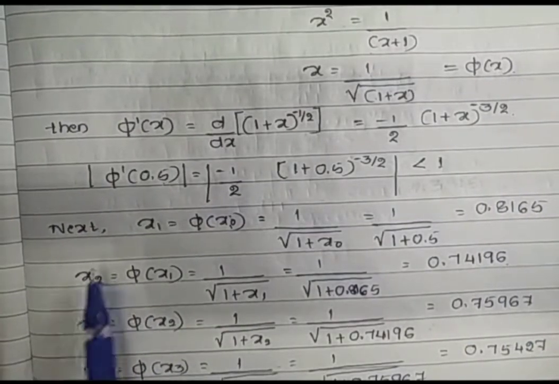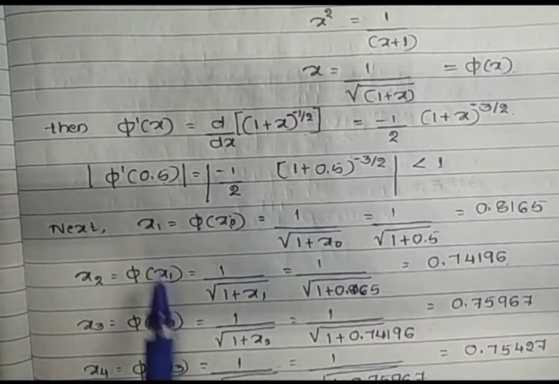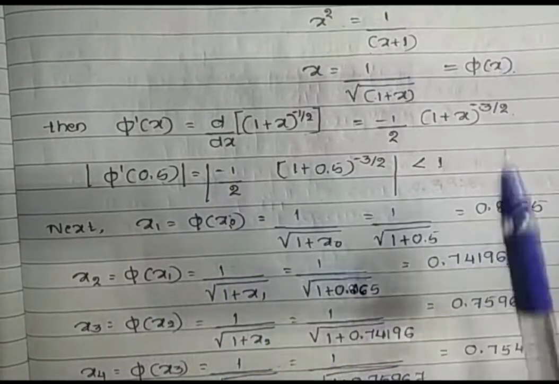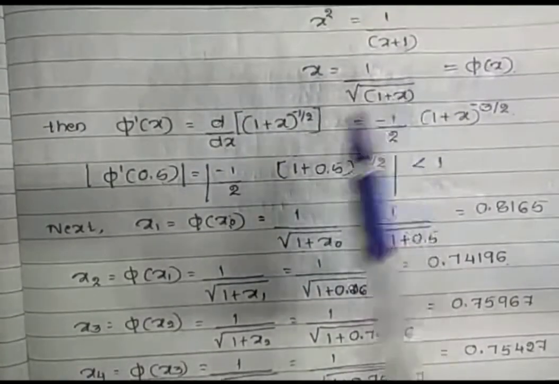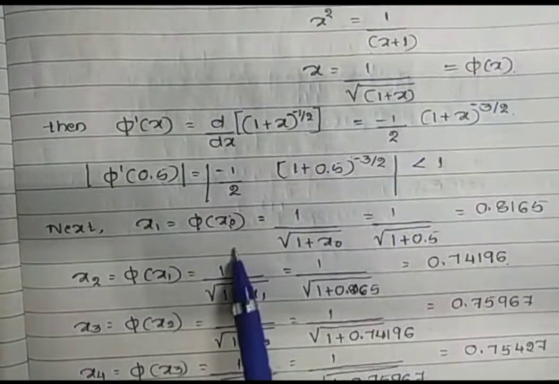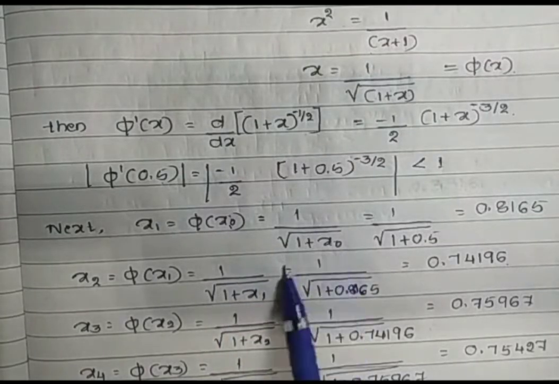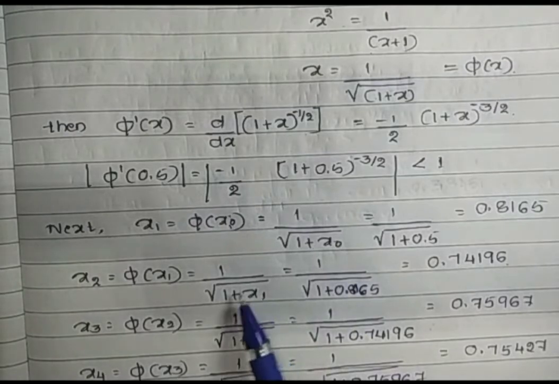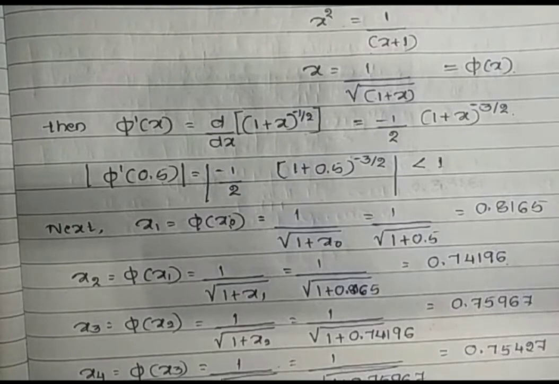Then next, x2. x1 is phi of x naught. Now x2 is phi of the previous result, that is x1. So here phi of x is 1 divided by root of 1 plus x. Now phi of x1 means 1 divided by root of 1 plus x1, which is equal to 1 divided by root of 1 plus, what is x1? x1 will be your previous result, that is 0.8165.